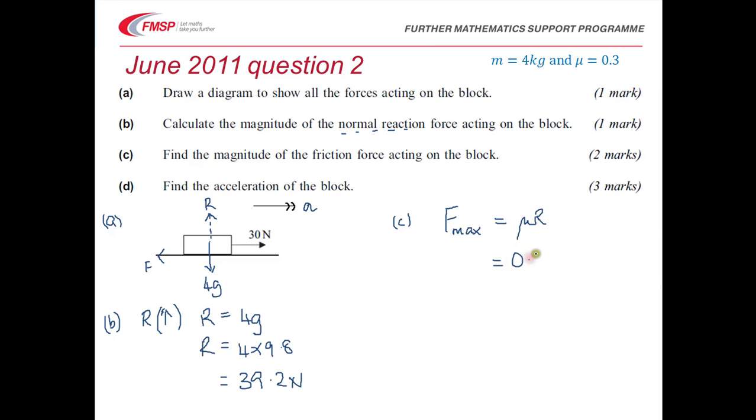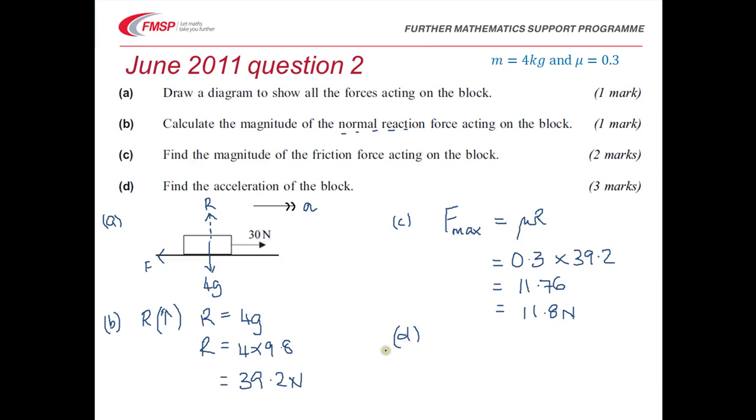We've just worked out the reaction force to be 39.2, and if we multiply those together we get 11.76, which we should give to 3 significant figures. We should get into good habits of always giving our answer to 3 significant figures unless there's some other information or request.